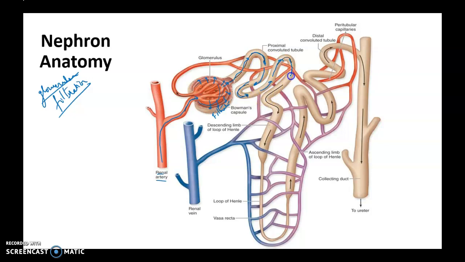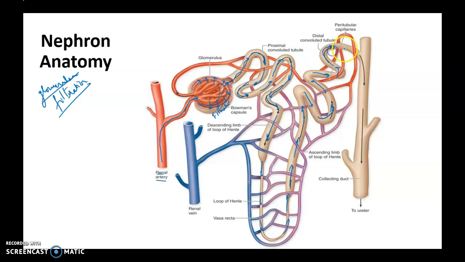And as it passes along the proximal convoluted tubule, different things will be reabsorbed back from the filtrate into the peritubular capillaries. And then it'll move down the descending limb, up the ascending limb, into the distal convoluted tubule where other things will take place.